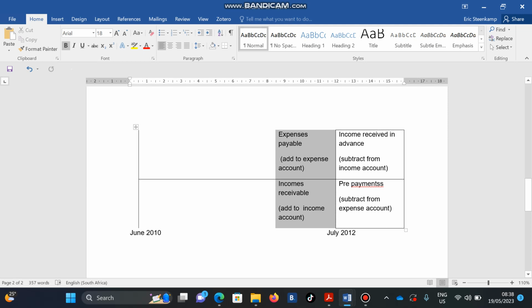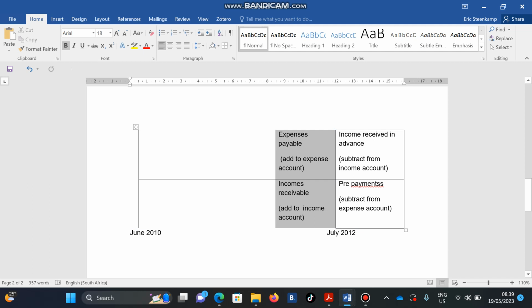Sometimes we'll find that rent was paid in advance. Someone paid us rent, but they paid in advance. They gave us for 13 months. We will divide by 13, get 1 month and remove that excess month, because we only want to report things that fall within our 12 months, our financial year.